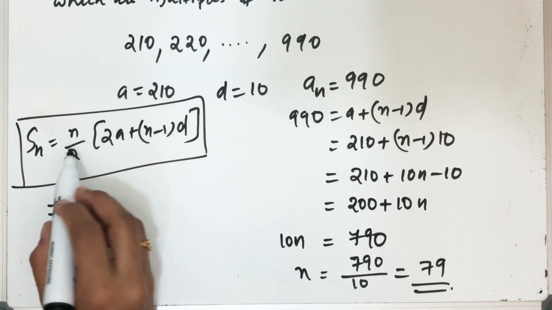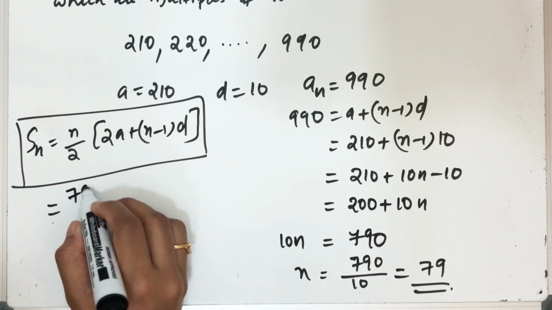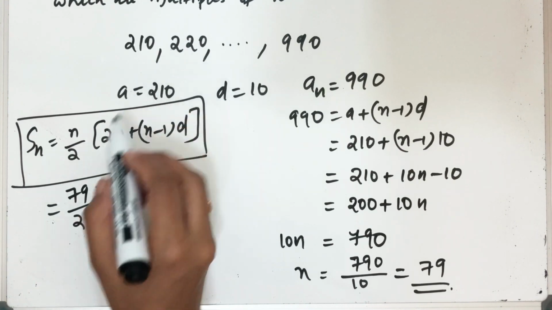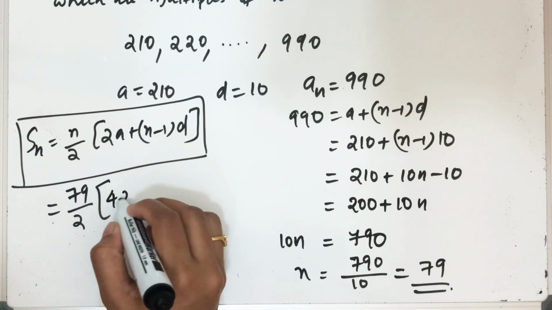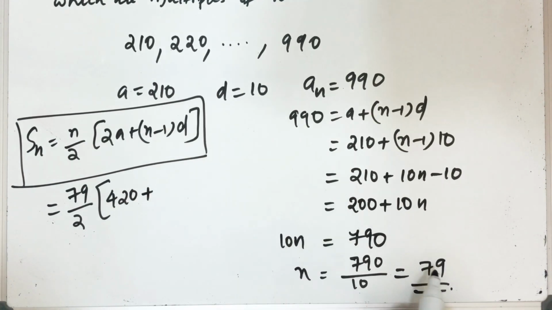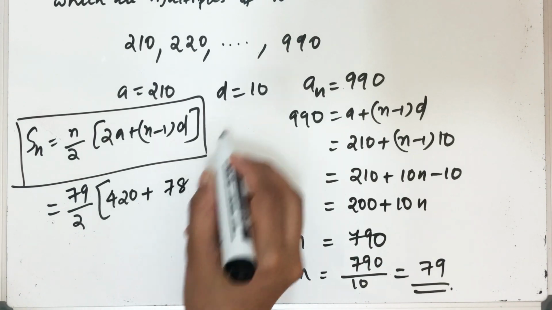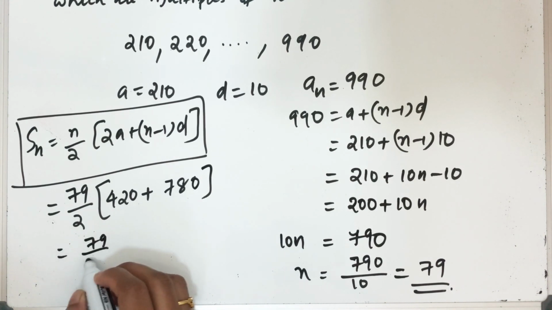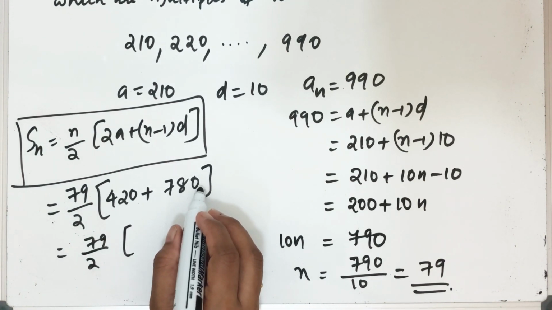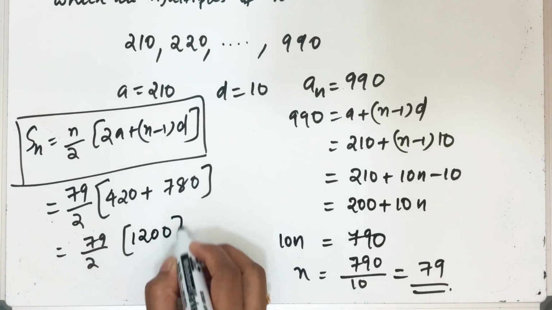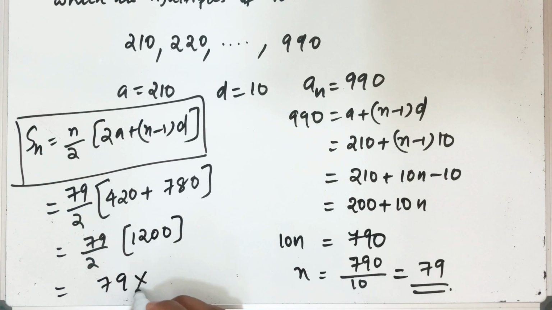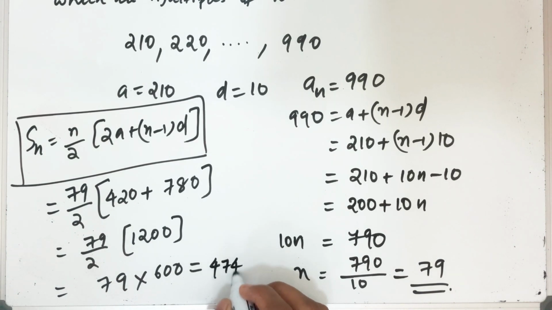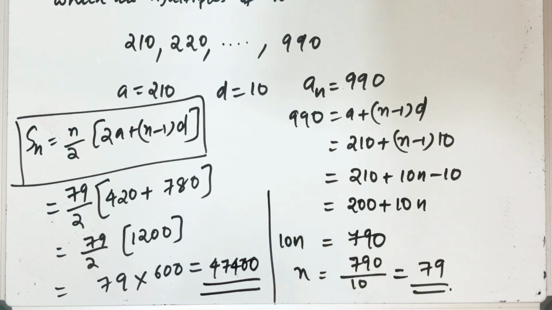So substitute all n, a and d. n is 79. 79 by 2 into a, that is a is 210. 2 into 210 is 420 plus n minus 1, that is 79 minus 1, 78 into d. d is 10. 78 into 10 is 780, which is equal to 79 by 2 into 420 plus 780, 1200, which is equal to 79 into 1200 by 2, that is 600, which is equal to 79 into 600, 47400. So this is the answer.